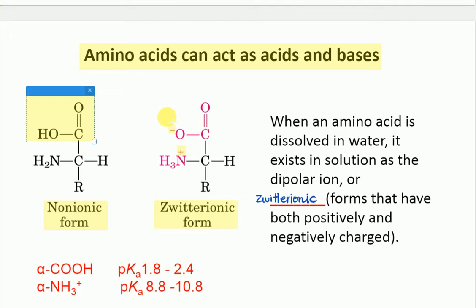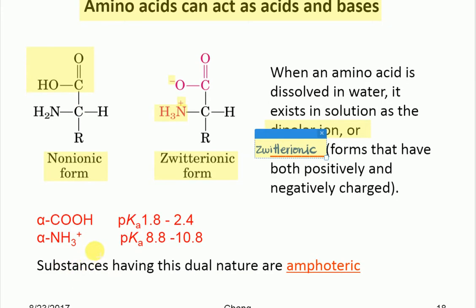I apologize for that. Continuing on, we have alpha, and NH3 is added next. There is our NH3. When an amino acid is dissolved in water, it exists in solution as the dipolar ion or Zwitter ionic form. So Zwitter ionic, once again, is a form that has both positive and negative charges. Here, notice the difference in pKa of these two.